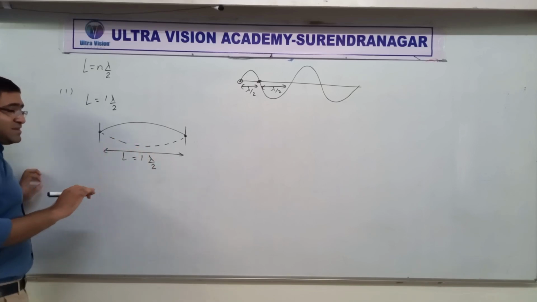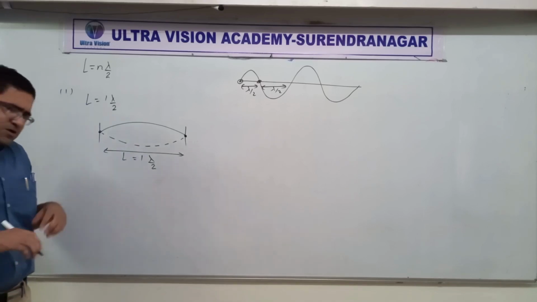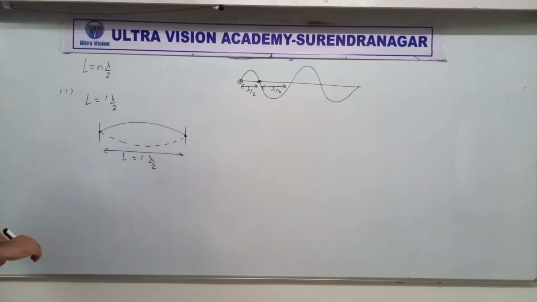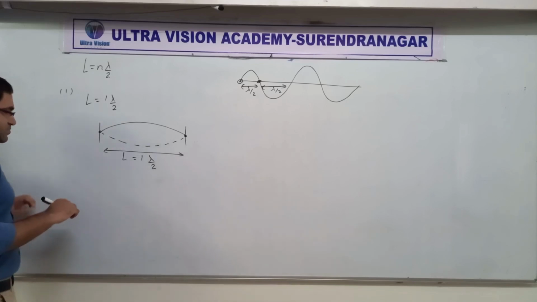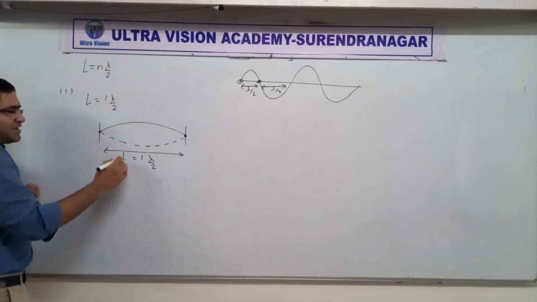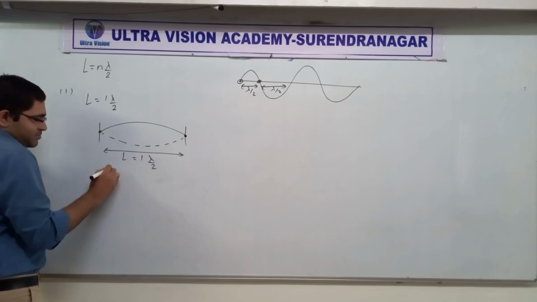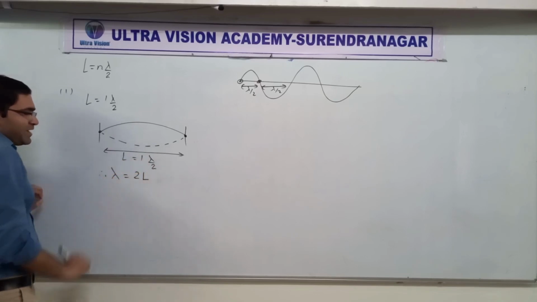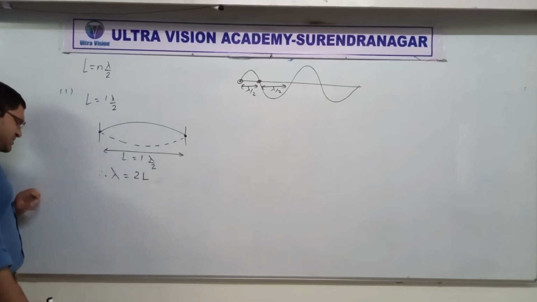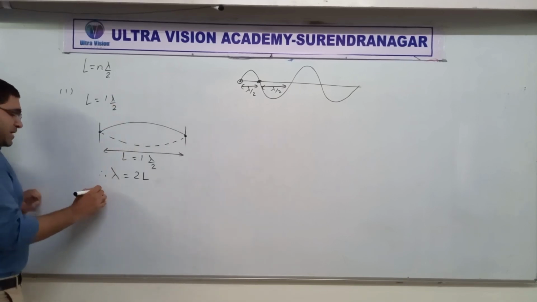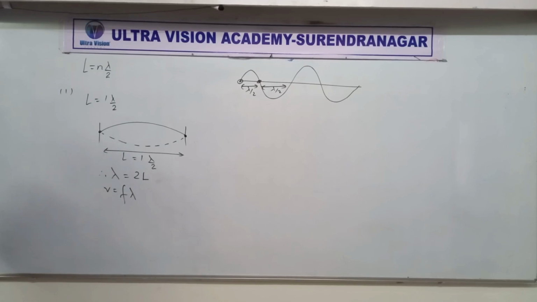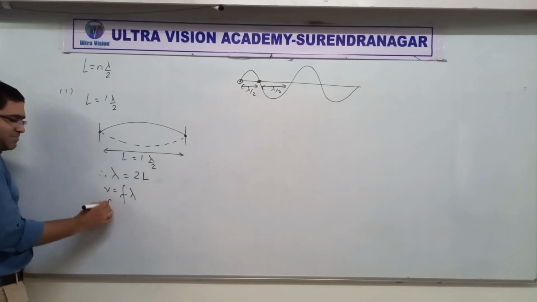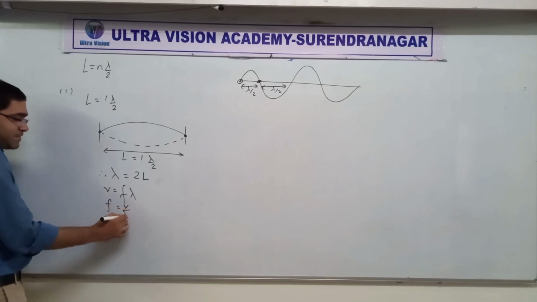If I now try to find the frequency, from here I can say lambda is equal to 2L, very easy. Then I'm going to use V is equal to F lambda. So if V is F lambda, F is V by lambda.